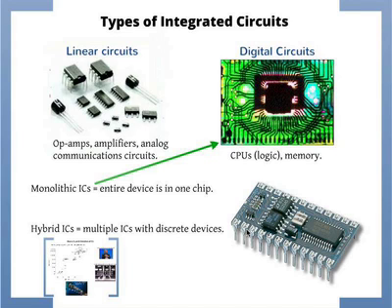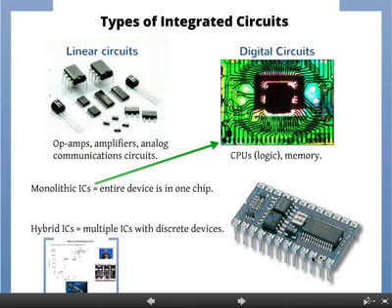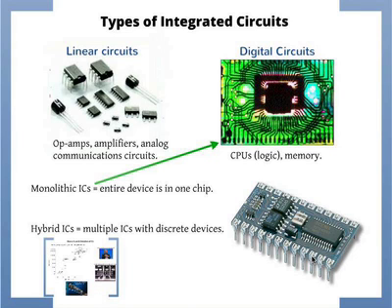And they're all connected. And there might be capacitors and resistors, which are discrete elements, not integrated. So you can have a hybrid system. And I would say the vast majority of chips are probably hybrid, the cheap kind of chips. Of course, integrated circuits are also called chips.